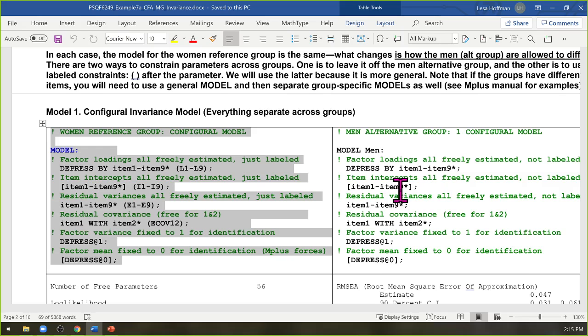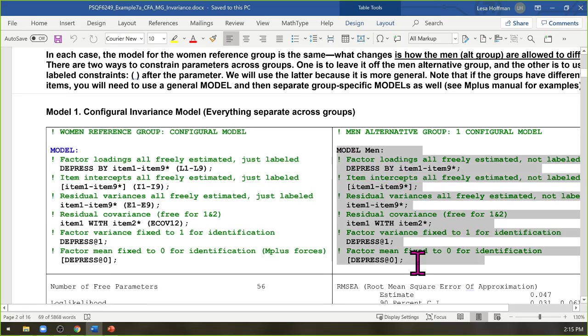I have labeled every term in the model that is estimated. So this code on the left is going to remain unchanged as we progress through the models. What's going to change is how we say the model for the men gets to differ from the model for the women. Right now, everything gets to differ.